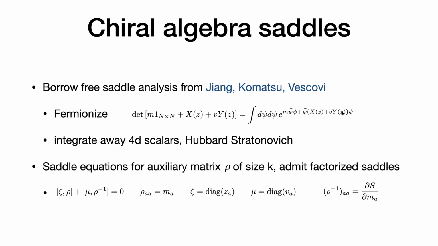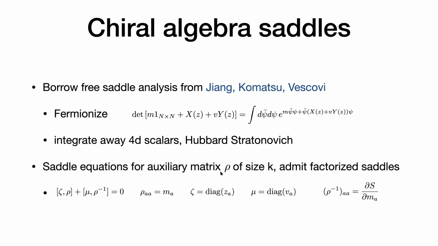And so the final result is just a finite dimensional integral involving this K by K matrix with some action, which has a tree-level and one loop part, which are all of order N. And so both contribute.